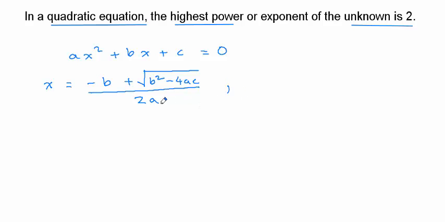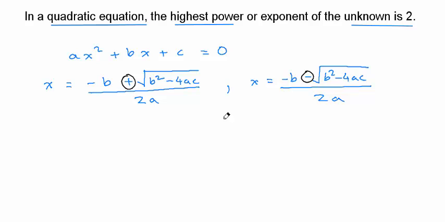And the other value, remember it's a quadratic equation, so we are expecting 2 values for x. The other one is going to be x is equal to minus b minus square root of b squared minus 4ac all over 2 times a. The only difference between the two answers is the sign out here.